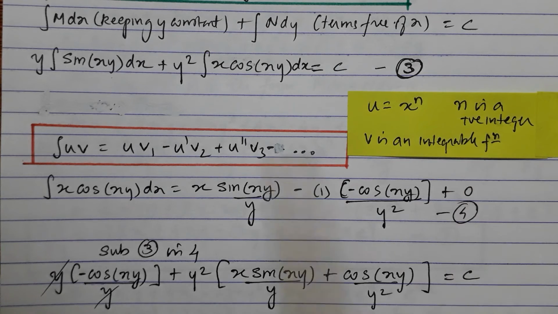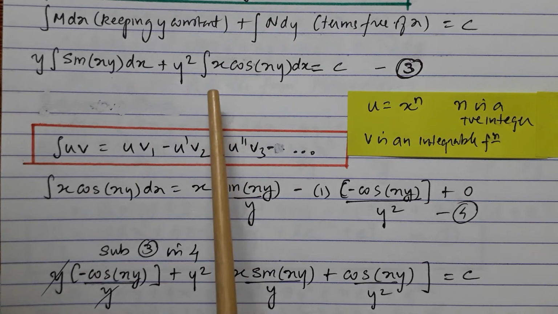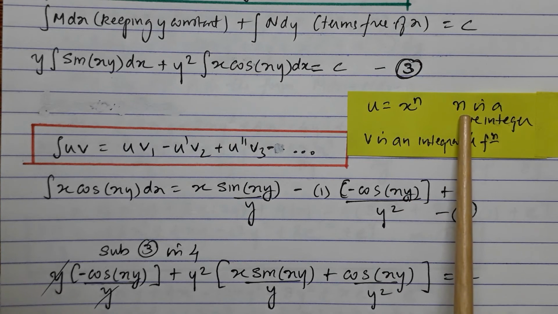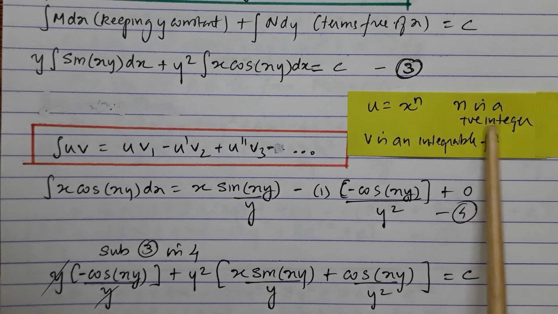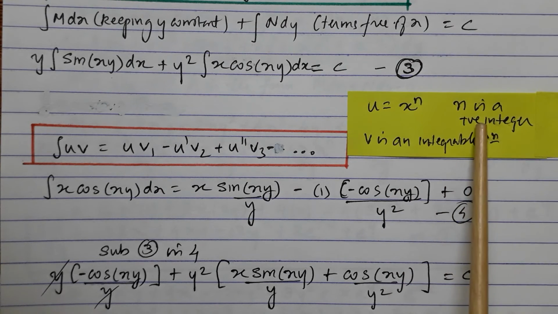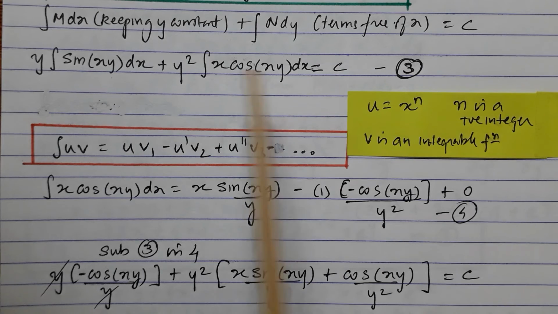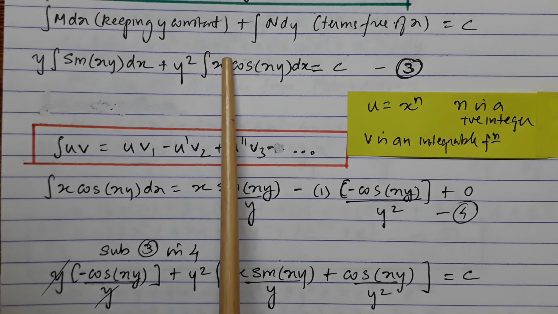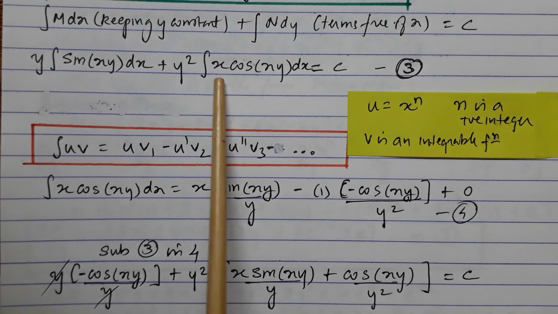Now the condition for this kind of integral is u should be equal to x raised to n, where n is a positive integer. Now if you look at u, u is x raised to 1. So 1 is a positive integer.